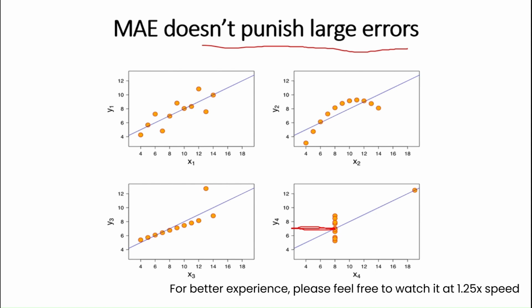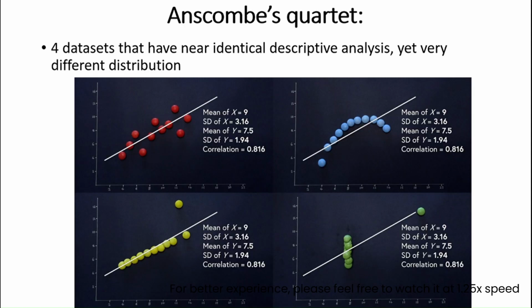Now these 4 images here are something called Anscombe's quartet. Anscombe's quartet is a set of 4 different data sets that have near identical descriptive statistics and yet very different distributions. If you look at all of these 4 images, the mean of x values and standard deviation of x values are all the same.